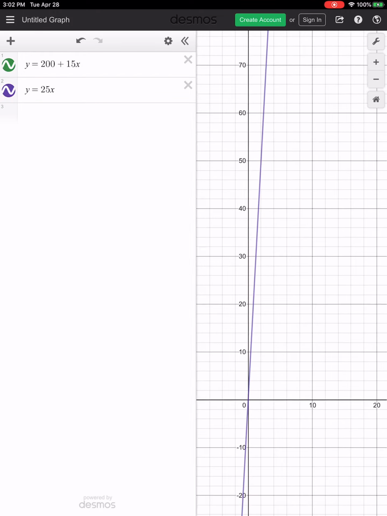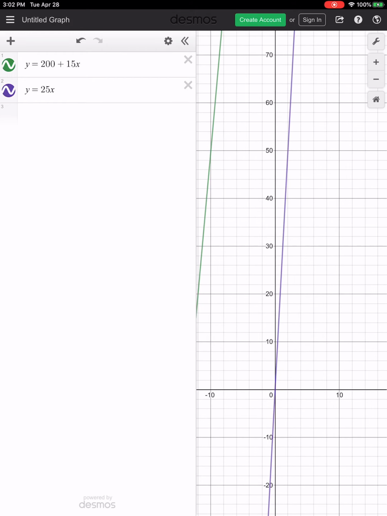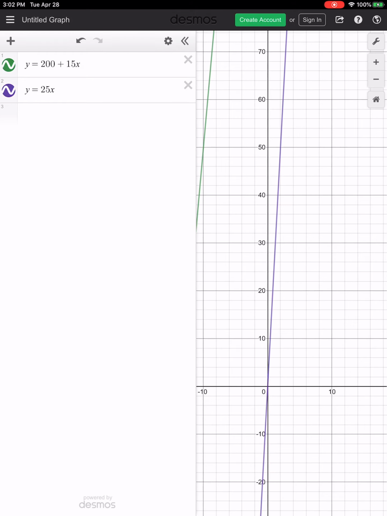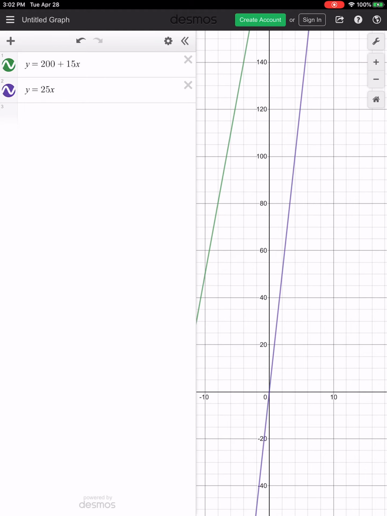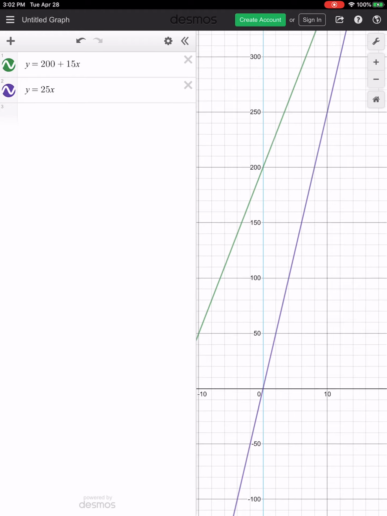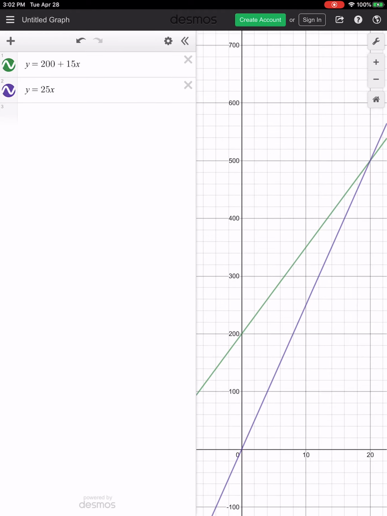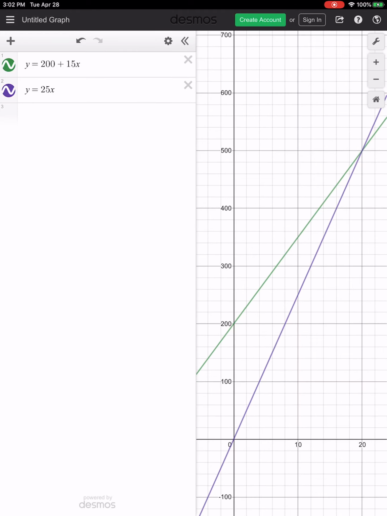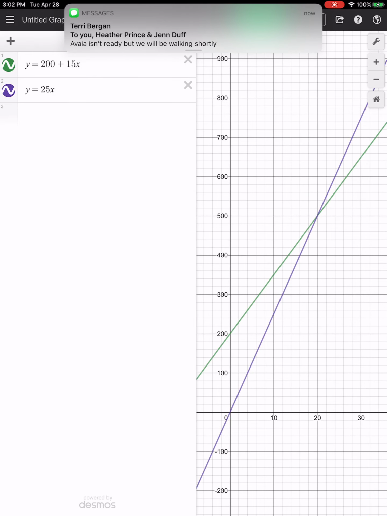Now notice when you look at the graph, I can't see all of them. I can't see everything. That's because the green one starts at 200. So I've got to change this axis. So I'm going to bring, remember, one finger down at the bottom of the axis and another finger dragging. Okay, so now I'm getting these two graphs in line.